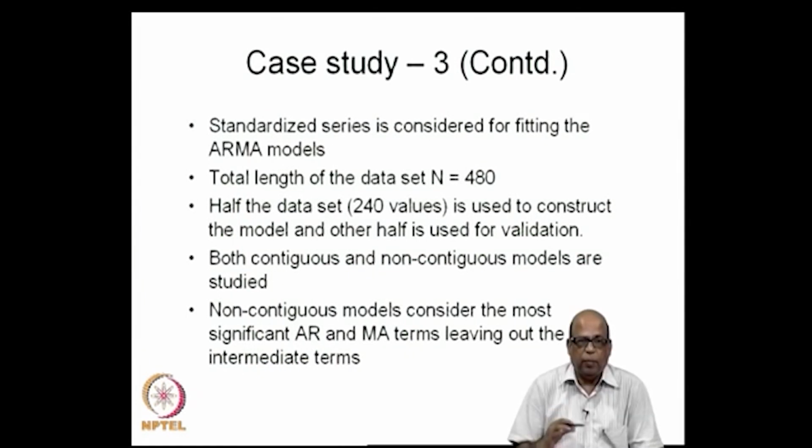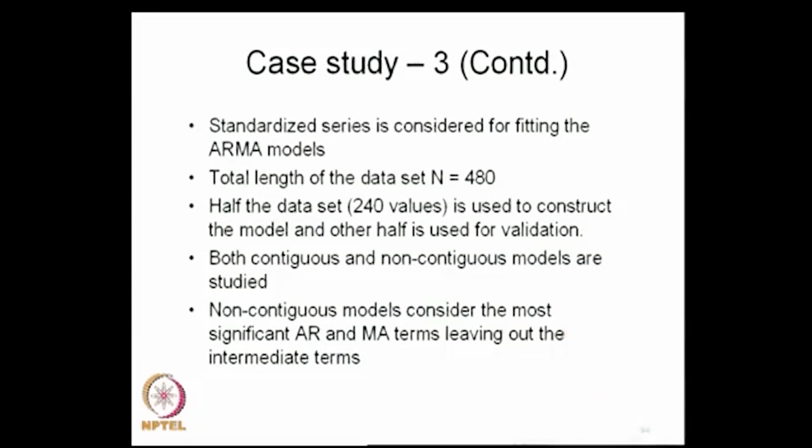We will build an ARMA model on this data and do all the tests that are prescribed for the data.